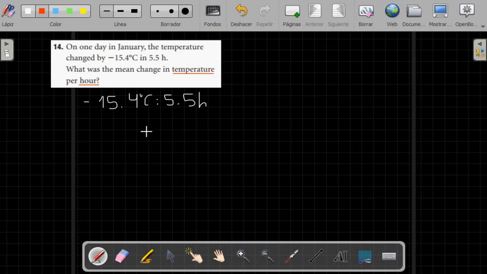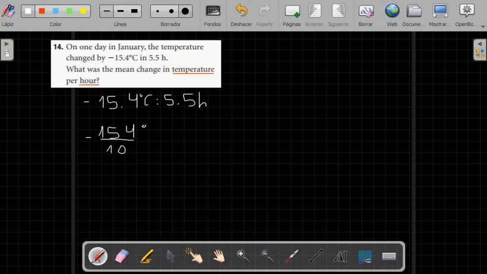Now, remember that when we have to divide rational numbers, the easiest way to do it is change those decimals into fractions. So let's do it. Vamos a cambiar esos decimales en fracciones, lo cual lo hace un poquito más fácil y manejable. 15.4 is the same as 154 tenths.